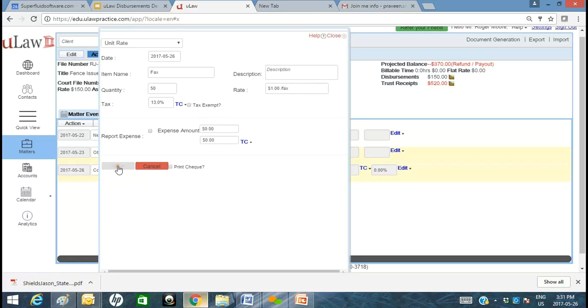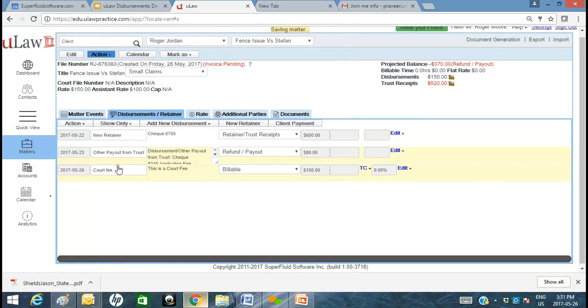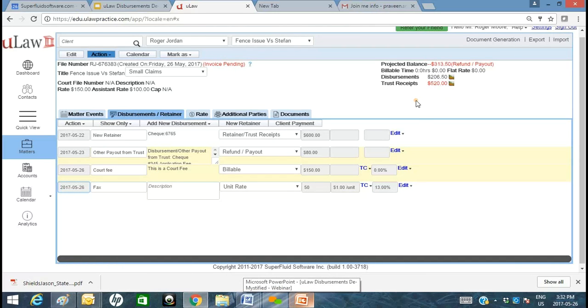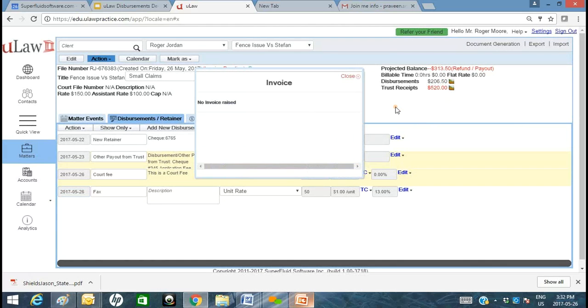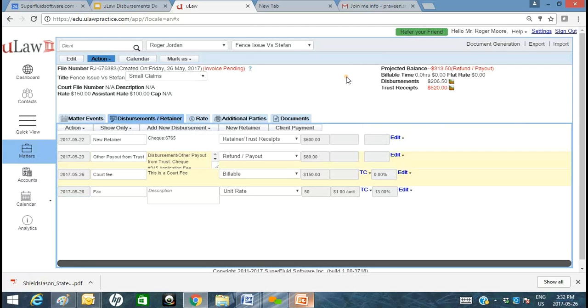But let's go ahead and disperse that unit rate disbursement. You notice as you continue down to expense and add those disbursements, your projected balance of your trust keeps dropping. It's only projected. You still haven't raised an invoice. And it's not going to reflect on your ledgers yet.